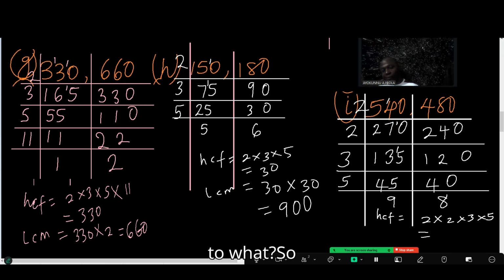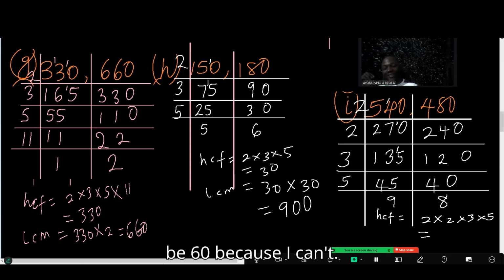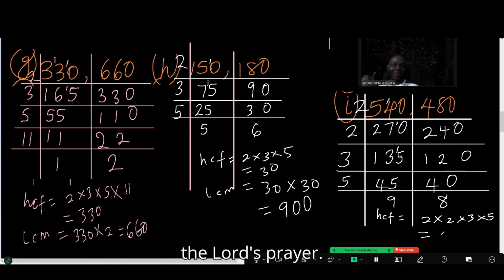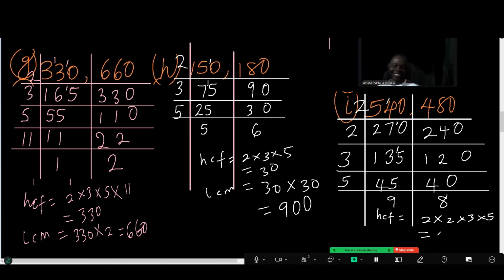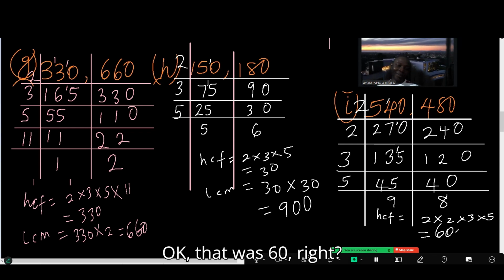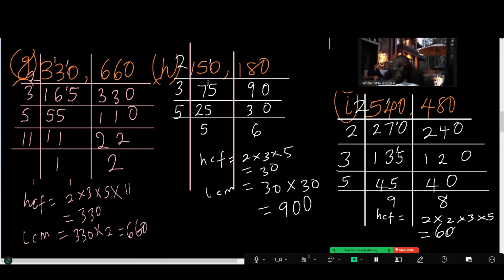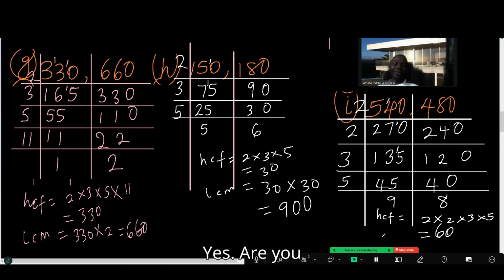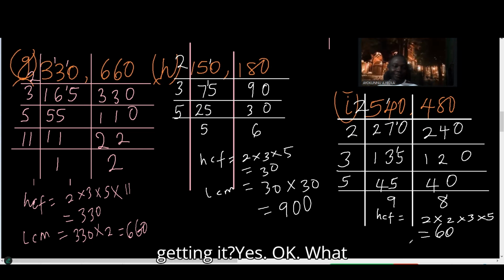So 2 times 2 is 4. 4 times 3 will be 12. 12 times 5 would be 60. Okay, that would be 60, right? Yes. Are you getting it?